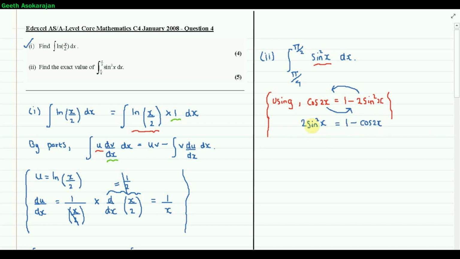And now if I divide both sides by 2, I'll have sine squared x equal to 1 over 2 minus cos 2x divided by 2. So that is what you're going to have upon rearranging for sine squared.